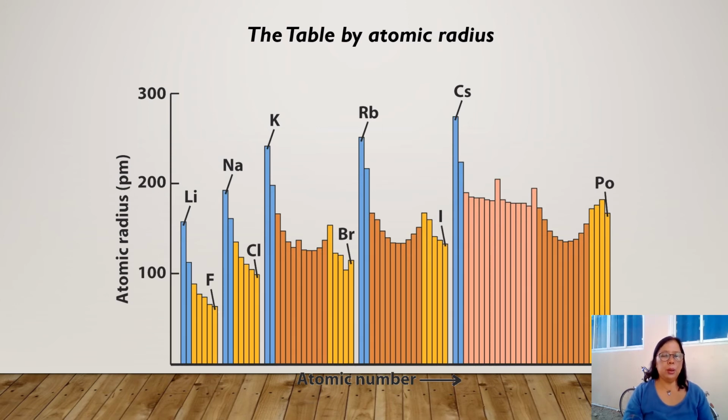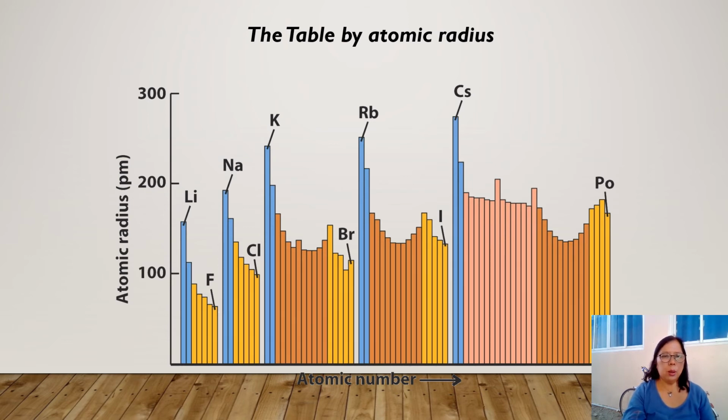They are found in group 7, or they are your halogens. So, as the atomic radius increases, the atomic number also increases. Hence, as the atomic number increases across the period, the atomic radius decreases.